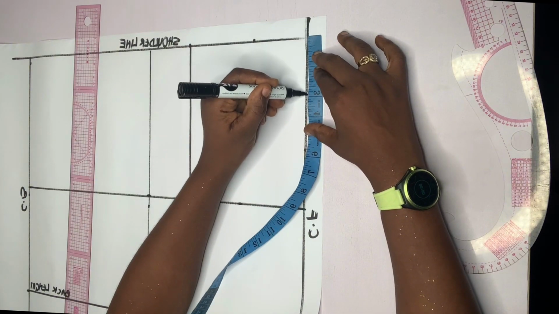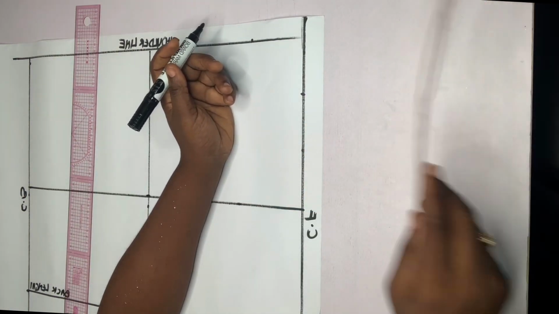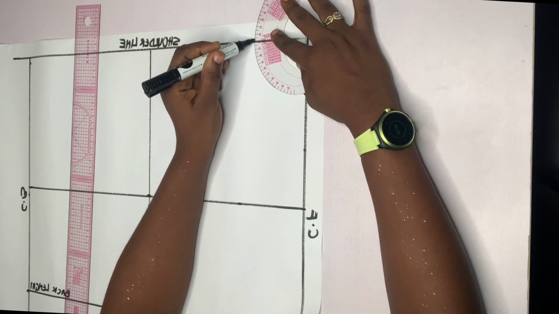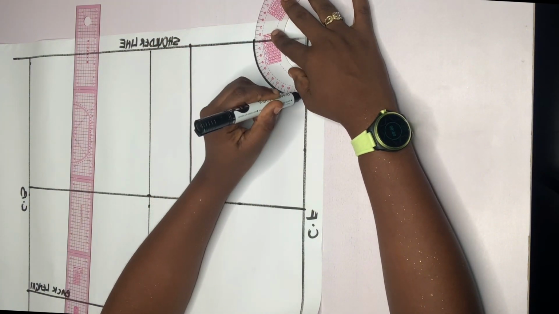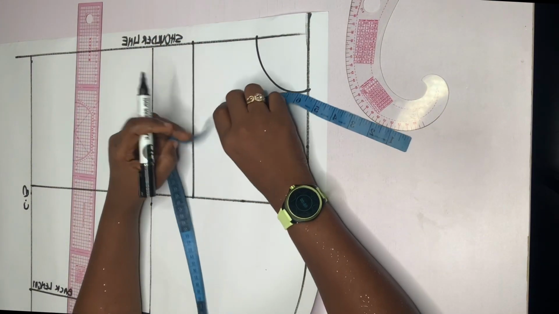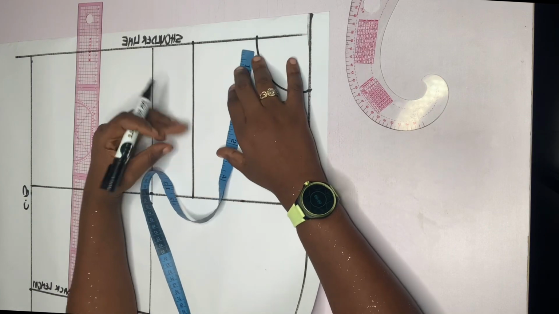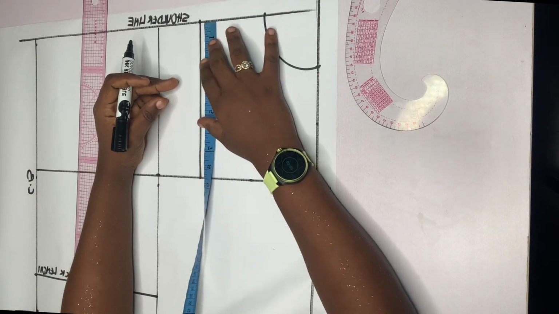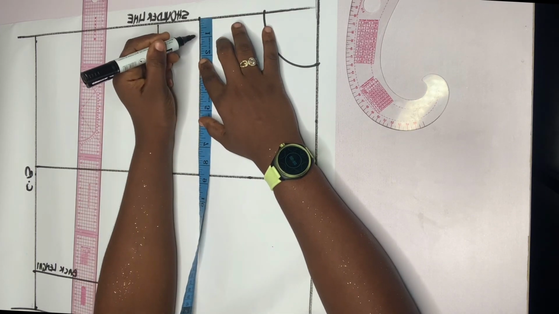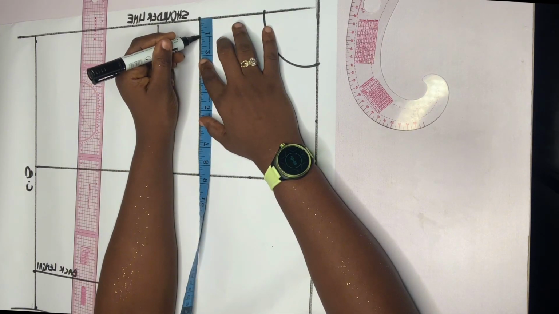So I'll mark my 3 inches on the width of my neckline and also the depth 3 inches, and then I connect it with my curved ruler like so. That is my 3 by 3 measurement. If your bust is 40, go ahead and divide your bust measurement by 12, and whatever value you get will be used as your width and depth of your neckline.